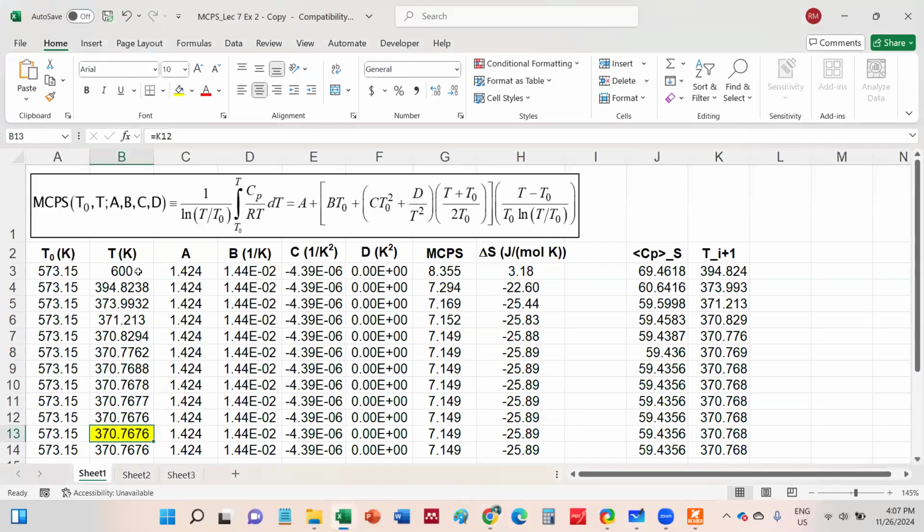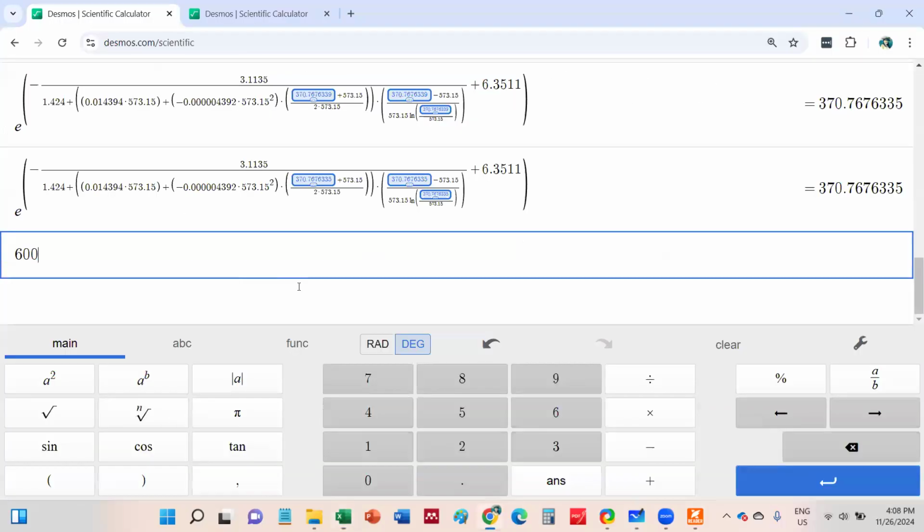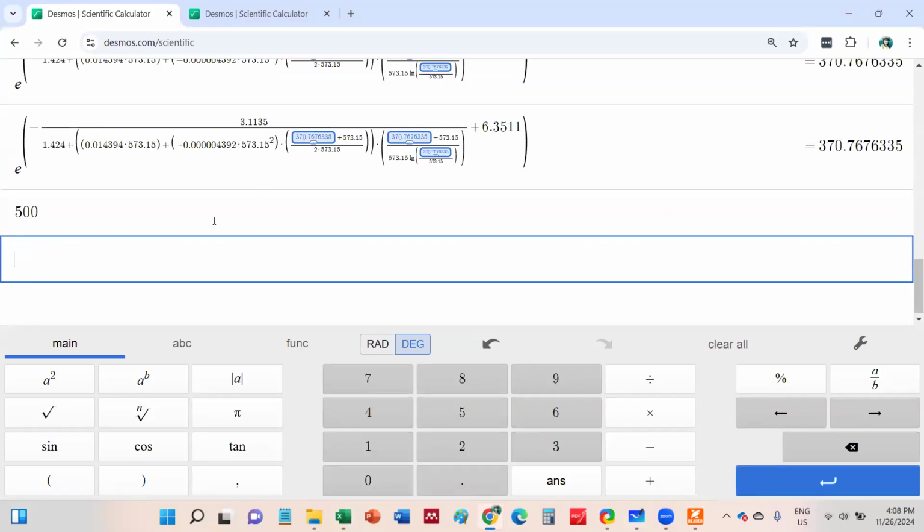But later on, if it's an expansion, the temperature goes lower, so it's safer to assume a smaller initial value like 500. Let's assume 500. So that's the initialization.